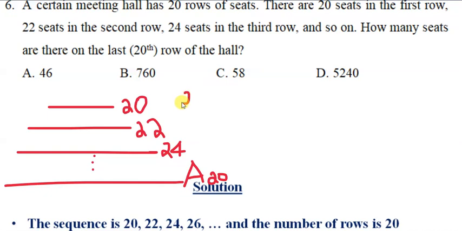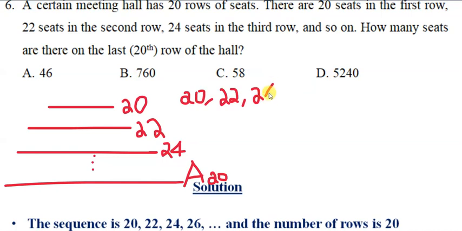This sequence forms an arithmetic sequence, because the second term was obtained by adding 2 to the first term, and the third term is obtained by adding 2 to the second term, and so on. Here the second is 22, and the number of seats on the third row is 24.